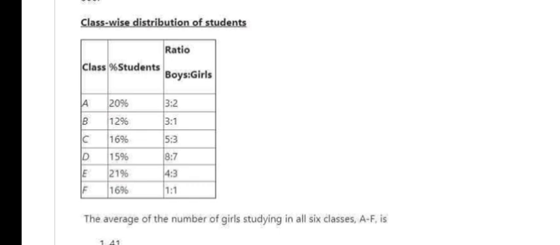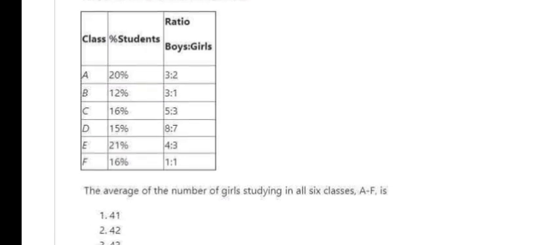Class-wise distribution of students: class A, B, C, D, E, F. Percentage-wise students: 20%, 12%, 16%, 15%, 21%, 16%. Ratio of boys to girls: 3:2, 3:1, 5:3, 8:7, 4:3, 1:1. So please try to accommodate according to the class.